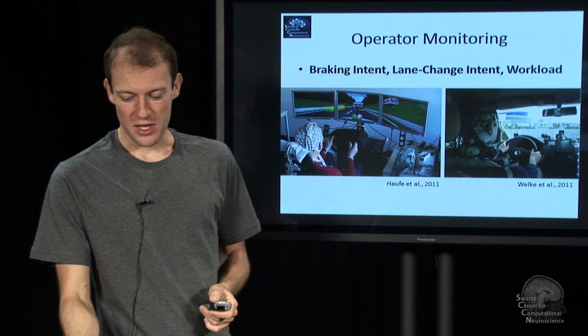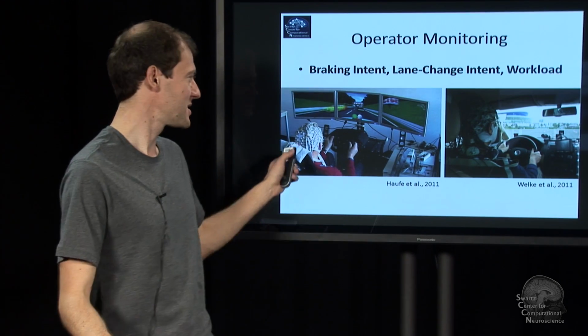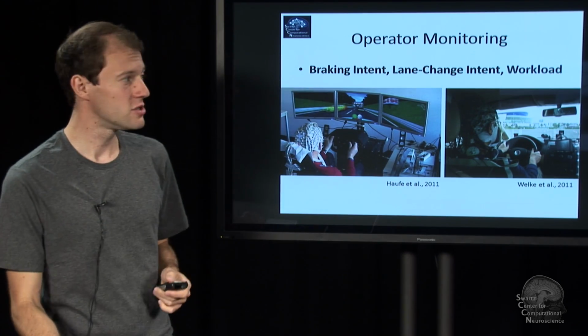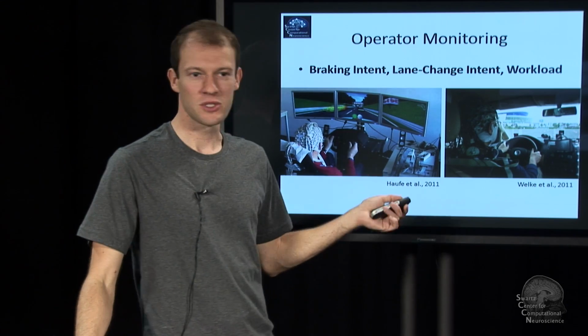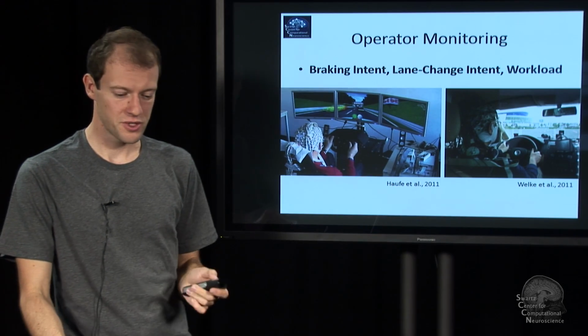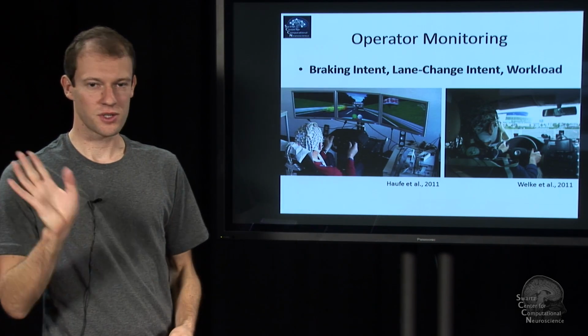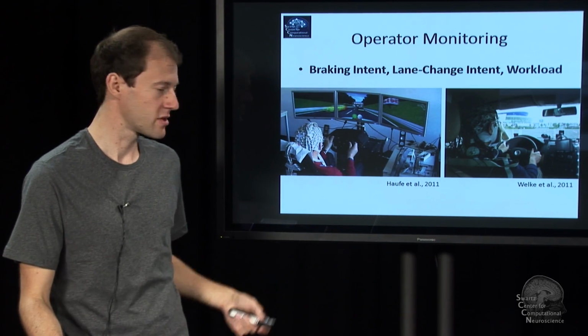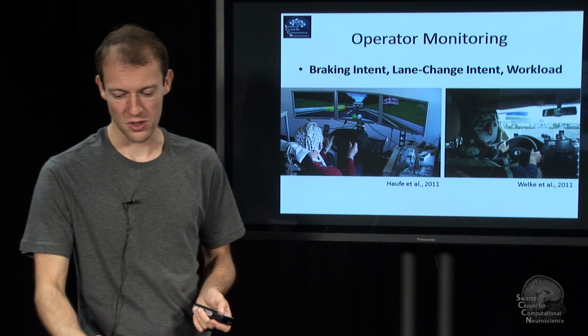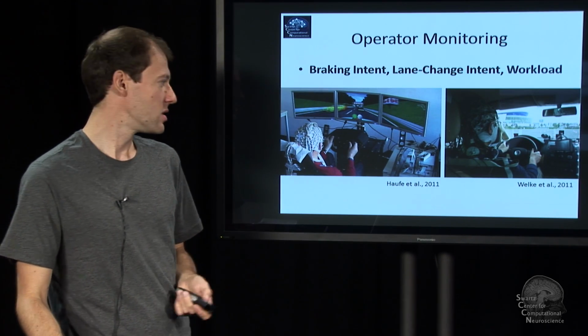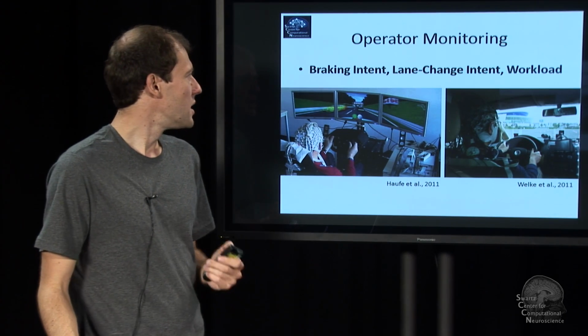Although the accuracy isn't yet quite at the point where this doesn't have false positives, which is a huge issue, of course. Or there are other things like lane change intent or workload and fatigue, which is really critical for truck drivers who are on the road for 6 hours plus. So this is in fact a real-world application that has been looked at for 4 or 5 years now.